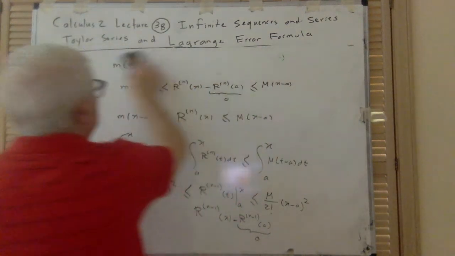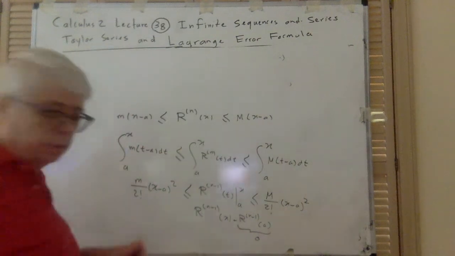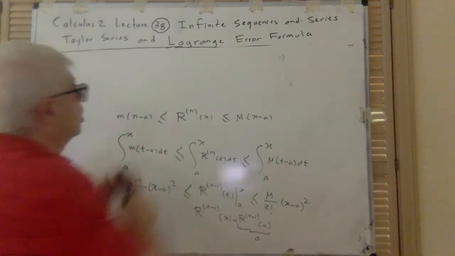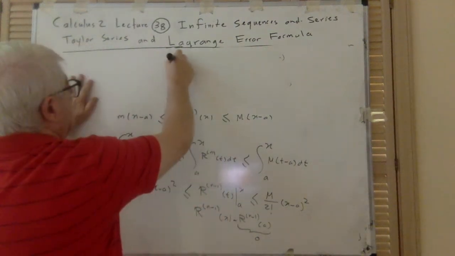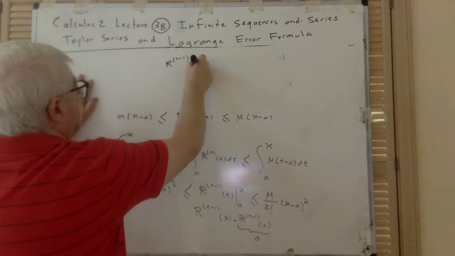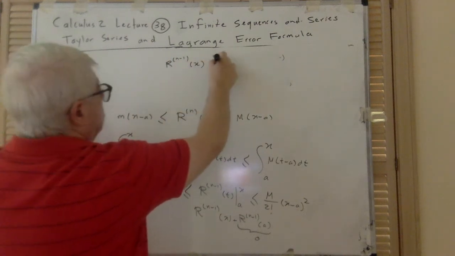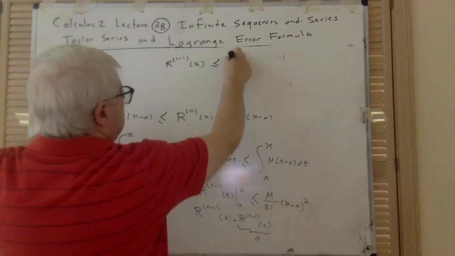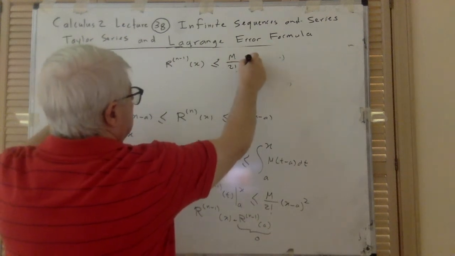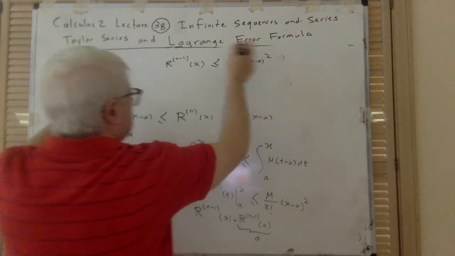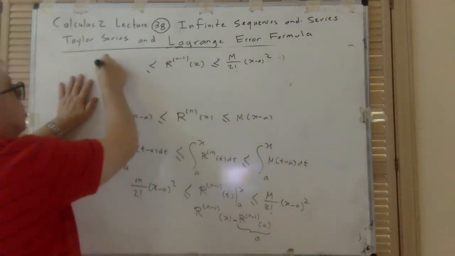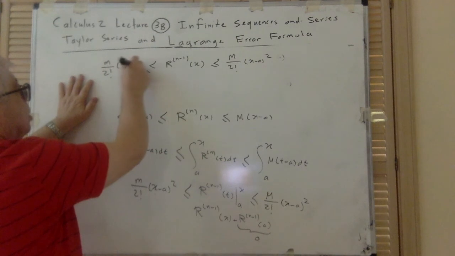So we have reached this point where r n minus 1 x is between small m over 2 factorial x minus a squared and capital M over 2 factorial x minus a squared.